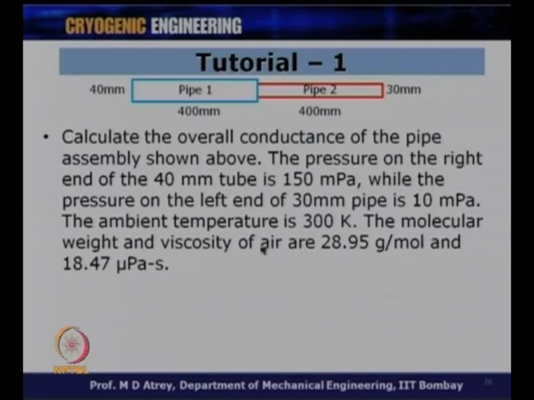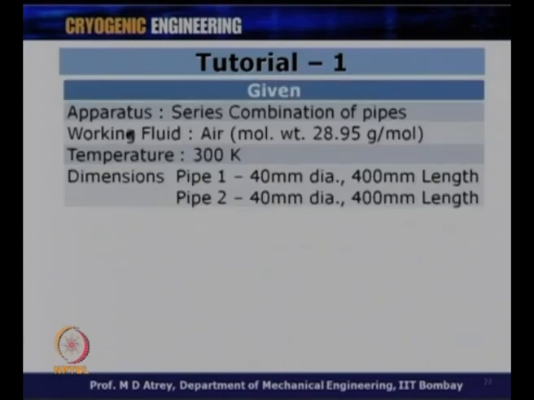All right. So, basically it is a calculation of the overall conductance of two pipes of different diameters but the same lengths. So, what you have is basically a series combination of pipes. We know the working fluid, we know the temperature, we know the dimensions: pipe 1 is 40 millimeter diameter, 400 millimeter length, pipe 2 is 30 millimeter diameter, 400 millimeter length.